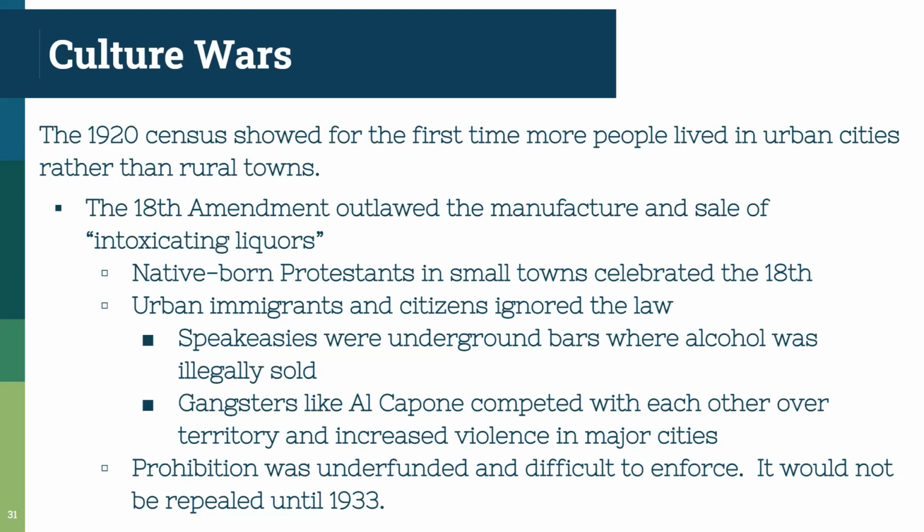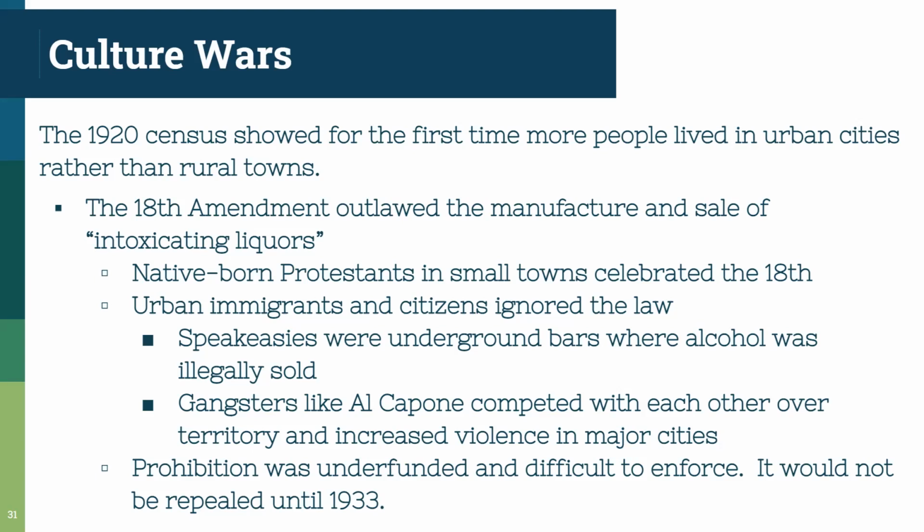This was widely supported by small towns and rural farmers and despised by urban immigrants and citizens living in these big cities. So big cities developed speakeasies, which are underground bars where alcohol was illegally sold. You had to know like a password to get in.